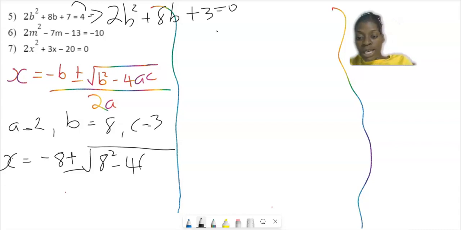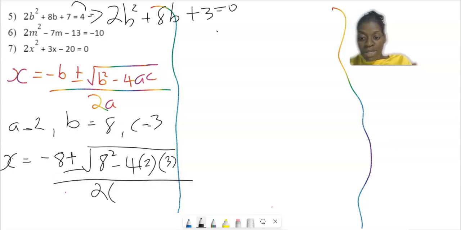So we're going to have 4 times a, which is 2, times c, which is 3, all divided by 2 times a, which is 2 times 2, which is 4.